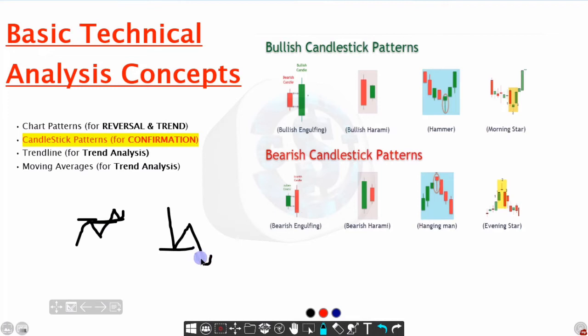But the only reason why you can actually trade with chart patterns like this, and find a good entry, would be using it with candlestick patterns. So you want to see that you have a candlestick pattern around here that kind of confirms to you that the market is most likely going to reverse back to the upside. Okay, so that's why candlestick patterns are very important. They can help us spot the move earlier on so that we can get in at a very good price.